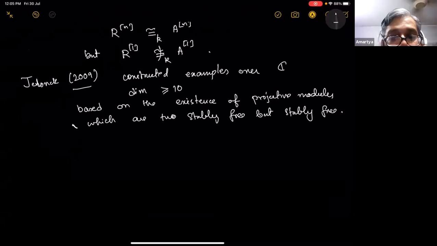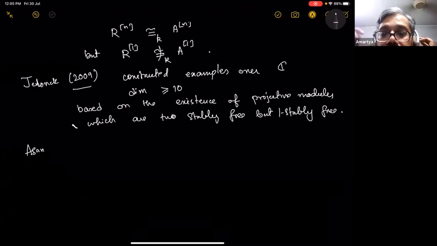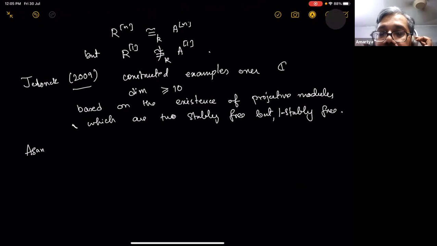Stably, right? One stably free means after adjoining one free component, it does not become free. Add the word not. Okay, sorry, but not one stably free.